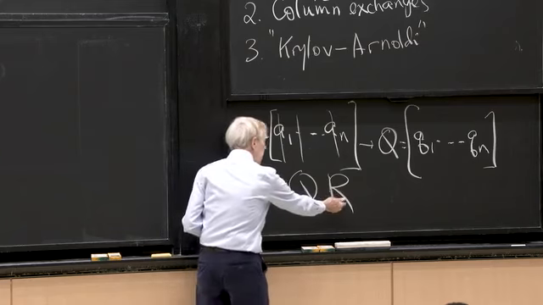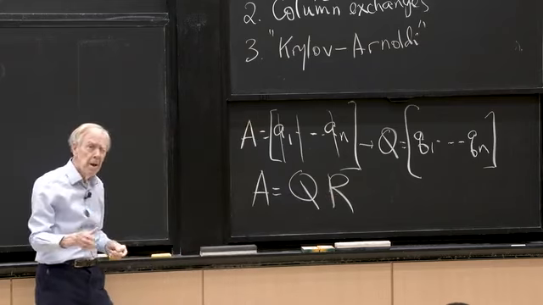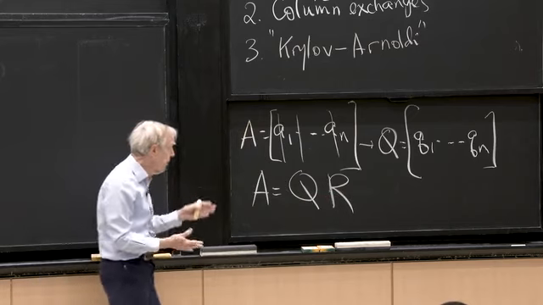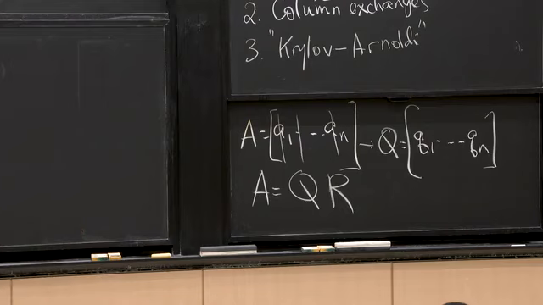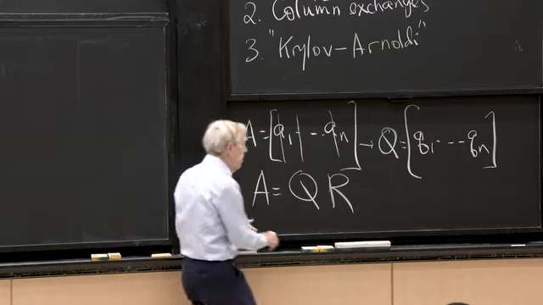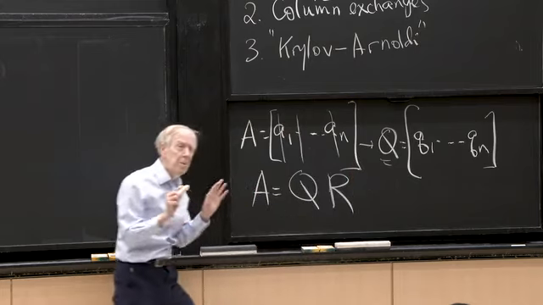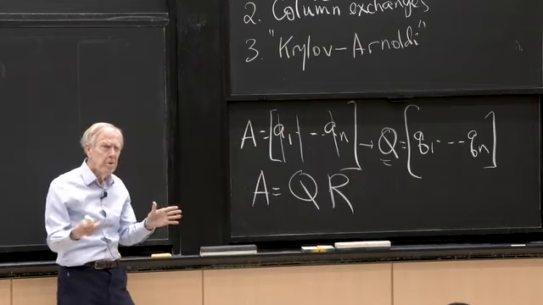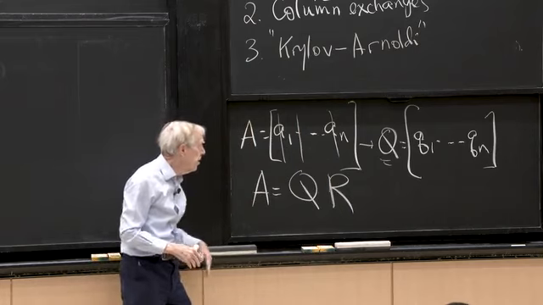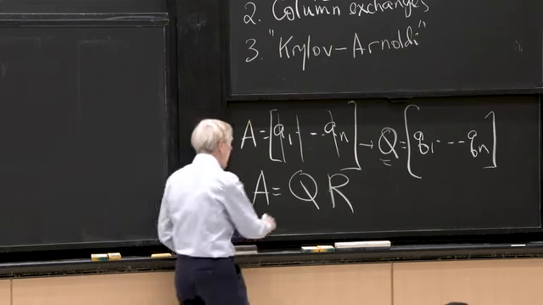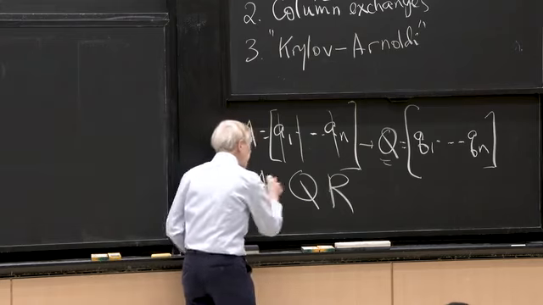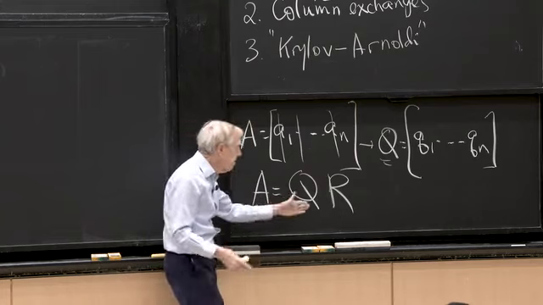When I multiply by R on the right, I'm taking combinations of the columns of Q and getting the columns of A. So just like LU, you go forward with the algorithm to reach U. Here we go forward with the algorithm to reach Q. But then when we want to put it in one simple equation, it turns out to be better to go backwards and say, how is the original A related to the final Q? And there has to be some R.